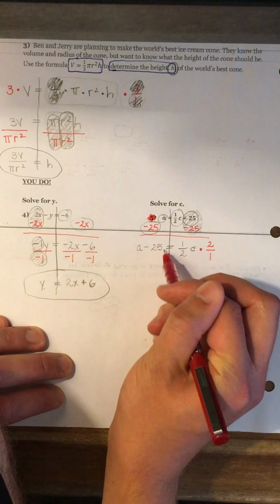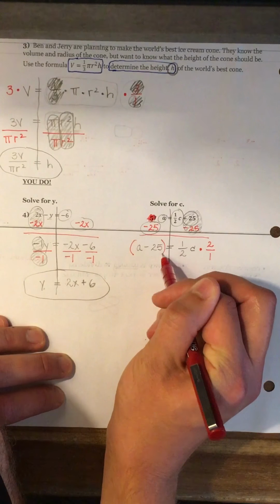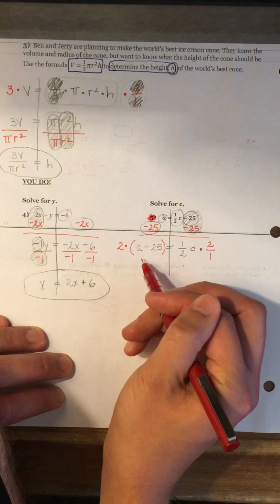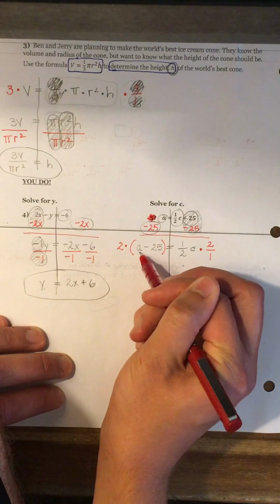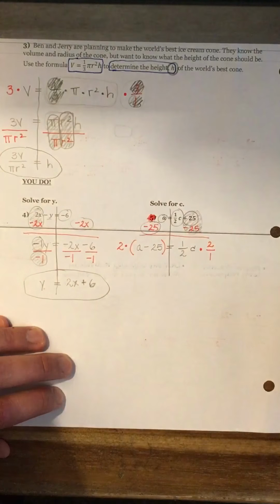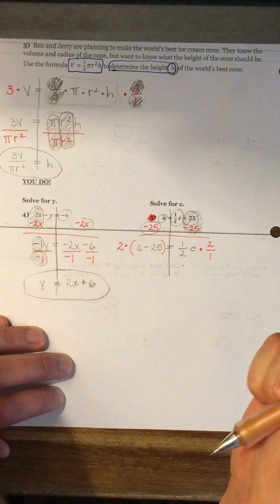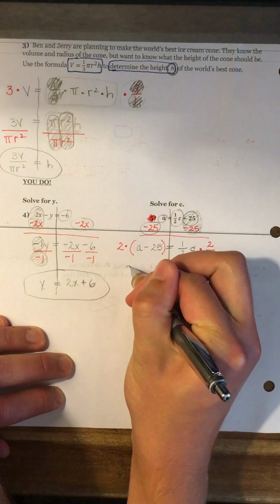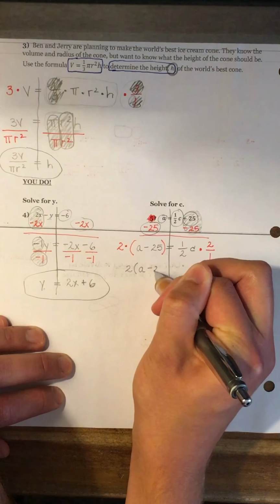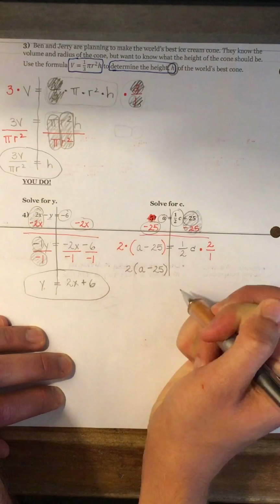So all of this stuff, a minus 25, is being multiplied by 2. That's why I throw it in parentheses, to emphasize that this 2 is being distributed, multiplying both of those terms. So on the left-hand side, I have 2 multiplying my a and multiplying this minus 25. That's why it's in parentheses.